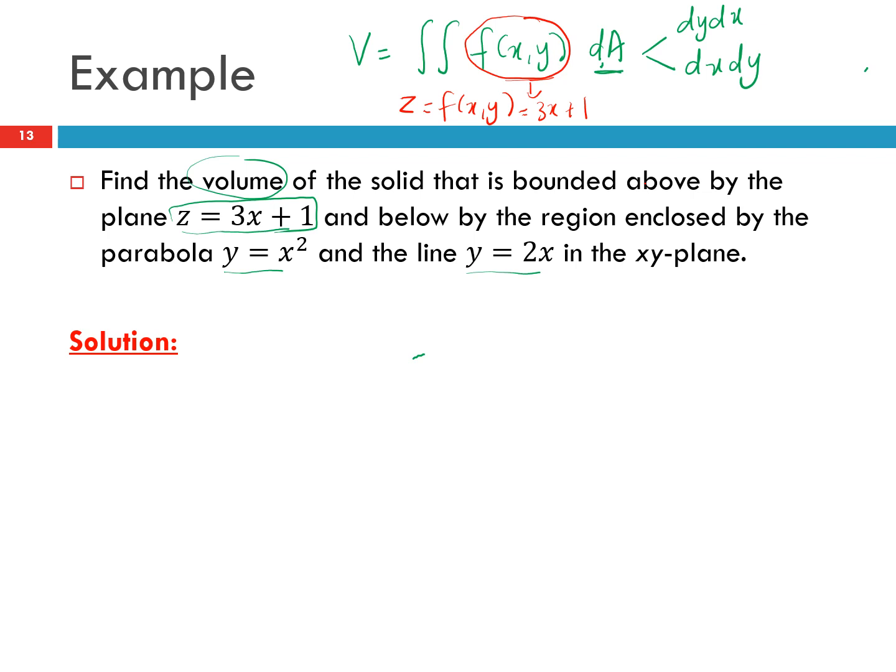Okay, so we have the equation y equal to x squared. Okay, this is a parabola. Here we have it like this. And we have another equation, which is y equal to 2x. So this is just a straight line.